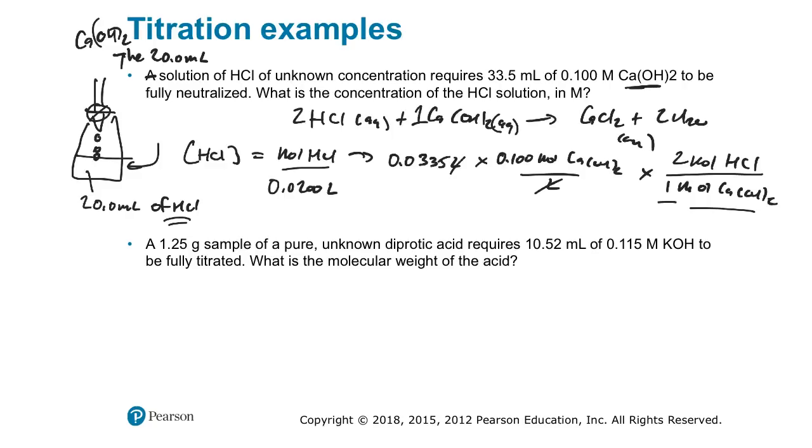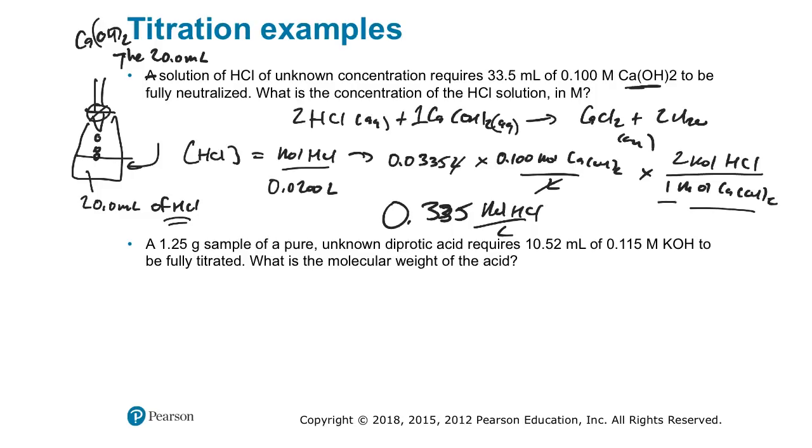So if I want to work out the final molarity here, I'll take 0.0335 times 0.1, that's the moles of calcium hydroxide, times 2, that's the moles of HCl. Now divide by the volume of HCl in that original solution, 20 milliliters, 0.02 liters. That works out to be 0.335 moles of HCl per liter of solution.